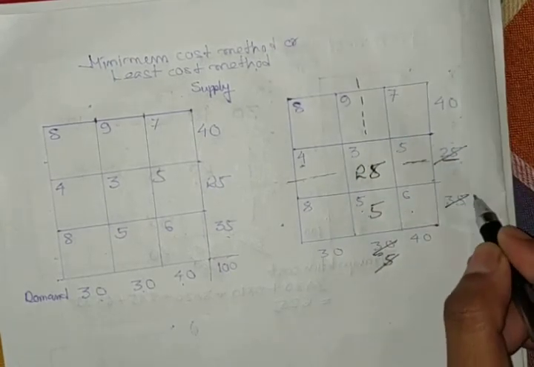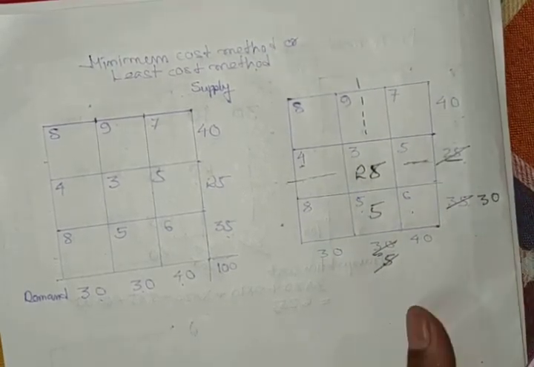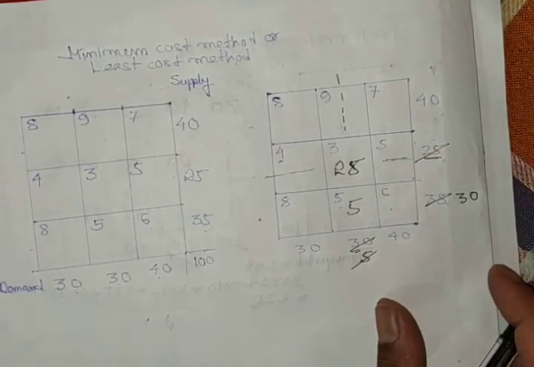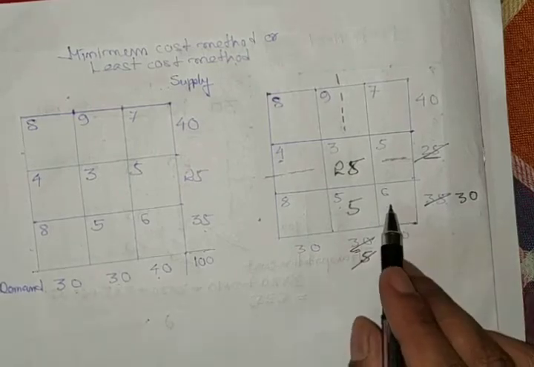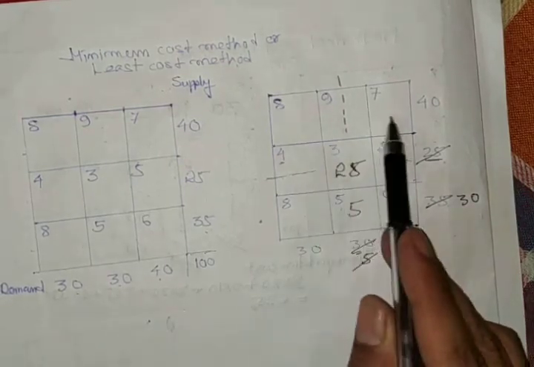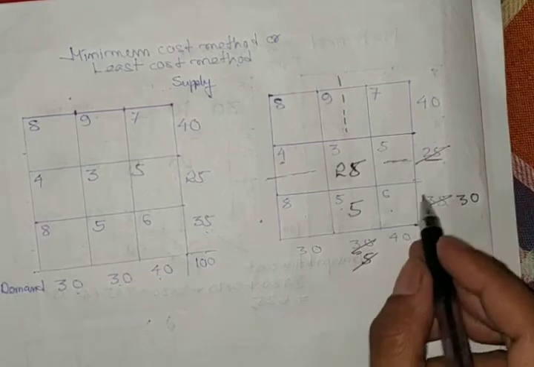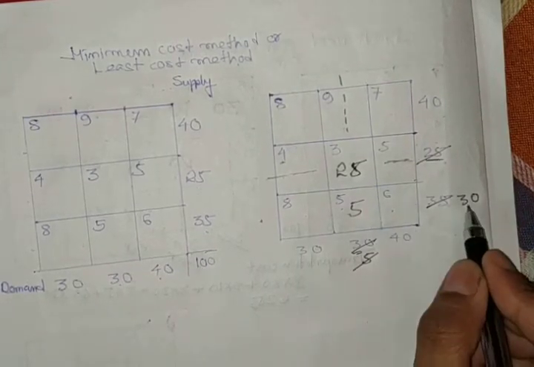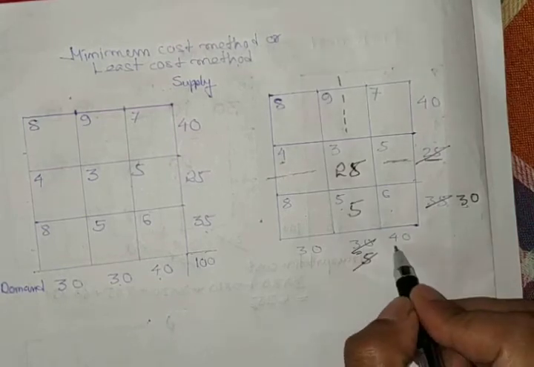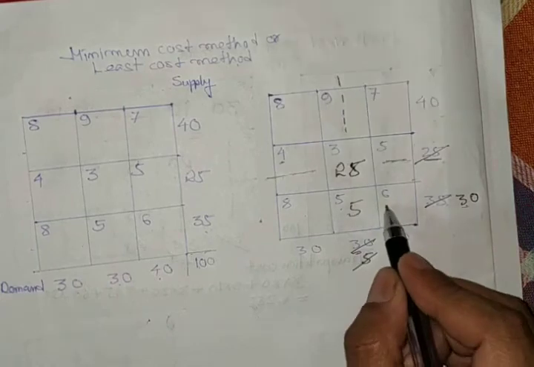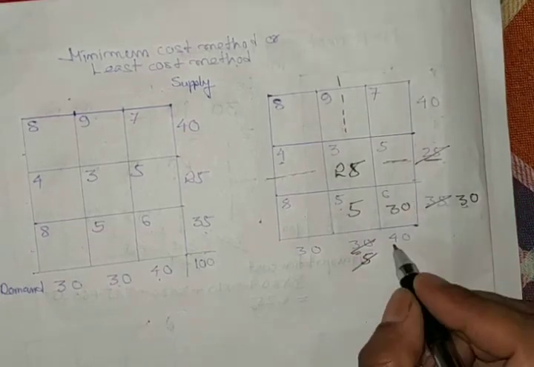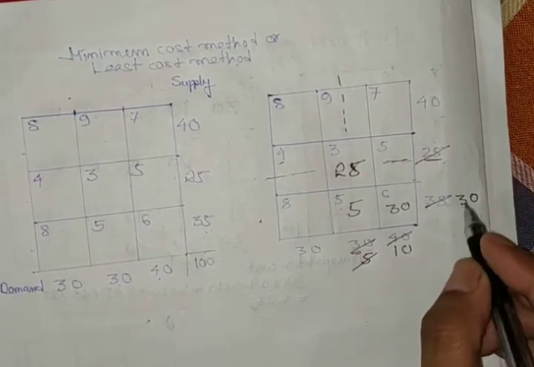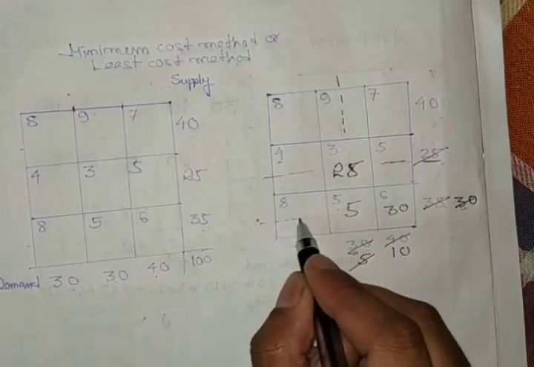So here 30 will remain. After that, the next least cost will be 6. In that 6 I can put 30, as 30 is the supply and 40 is the demand. So I can directly put 30 here. If I put 30 here, then it will become 10 and it is exhausted, so I can draw a line here.